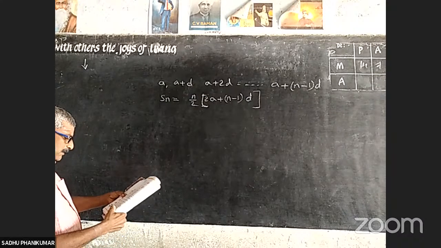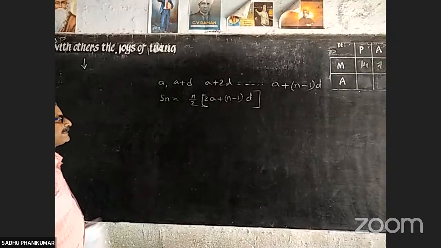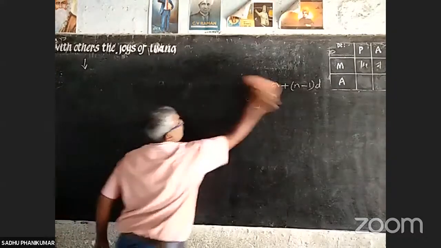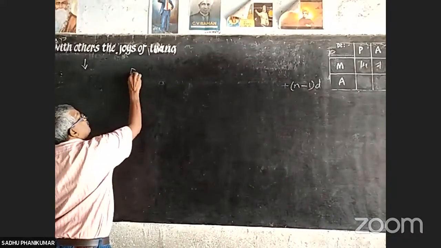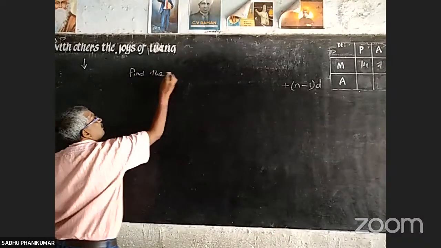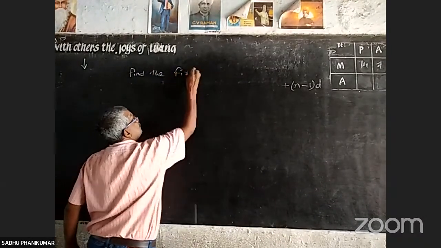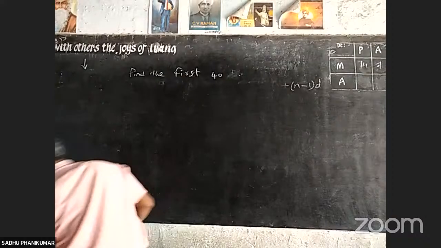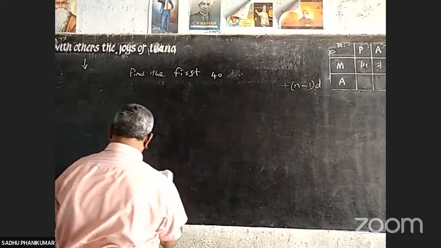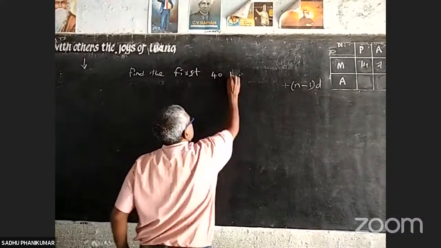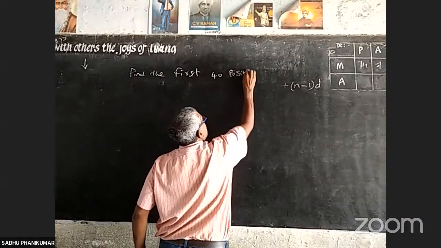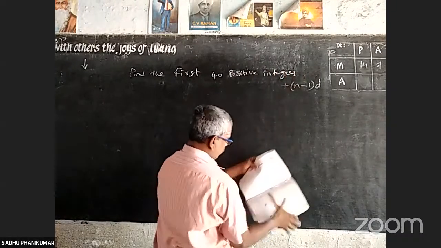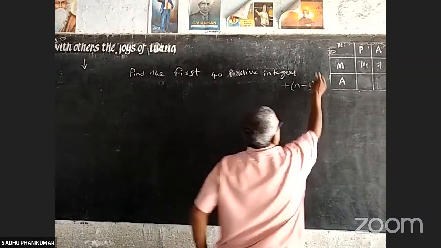Find the sum of first 40 positive integers divisible by 6. The problem is to find the first 40 positive integers divisible by 6.